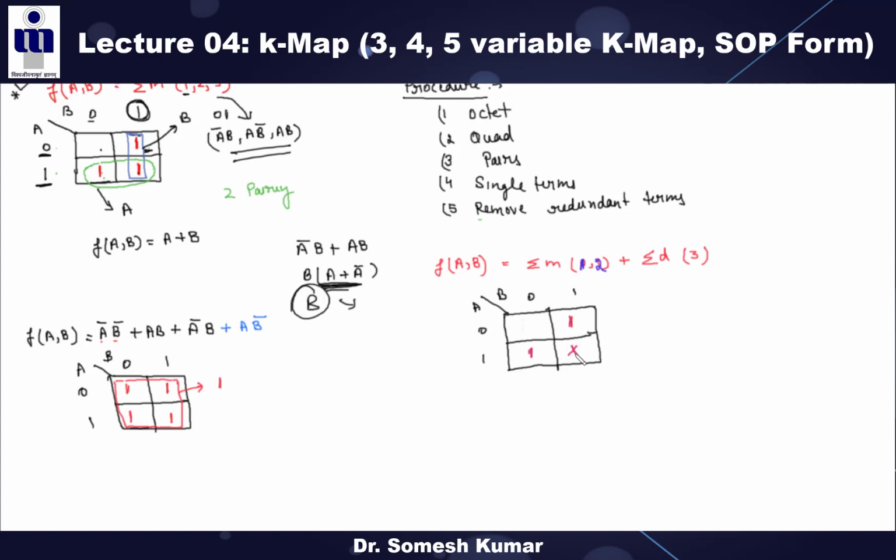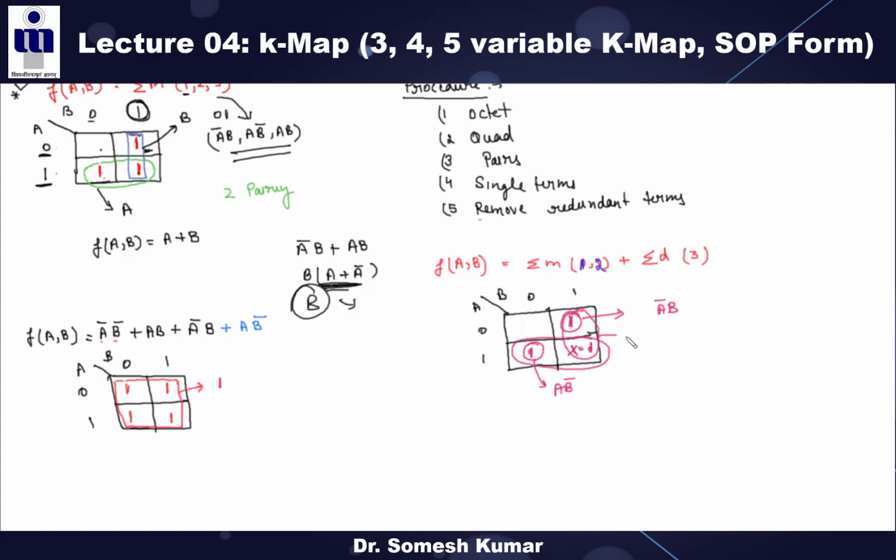Now see, if we take don't care as the 0, then this is a single term, this is a single term, and what is the solution of that? Single terms mean a bar b and a b bar, right? And if we take this x equal to 1, now this one pairing and this second pairing, right?